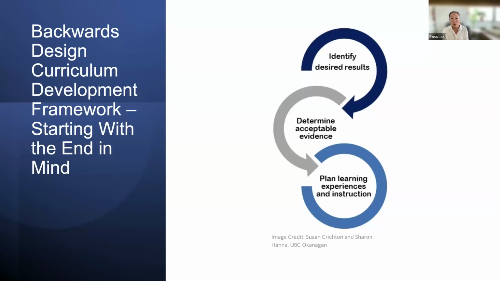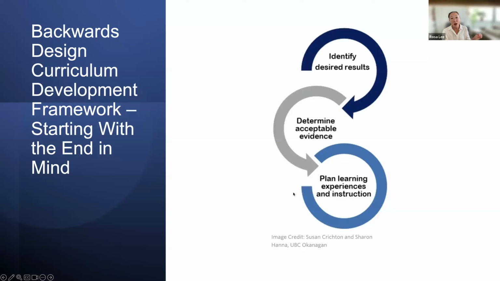If you want to increase medical students' comfort with caring for patients with disabilities, if you want medical students to address biases around ableism in their own practices, how are you going to know that that's going to happen? That might be your desired result, but you really need to articulate what the assessments are going to be to show that the learners have actually met your learning objectives. So that is step number 2.